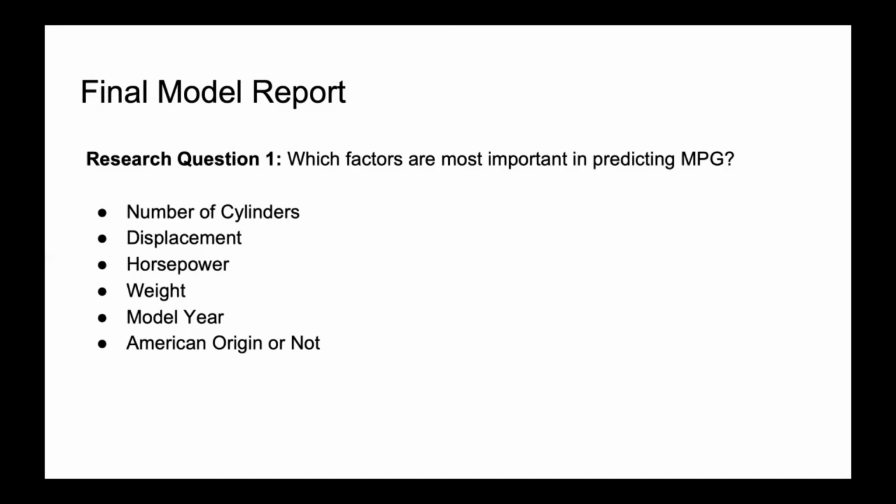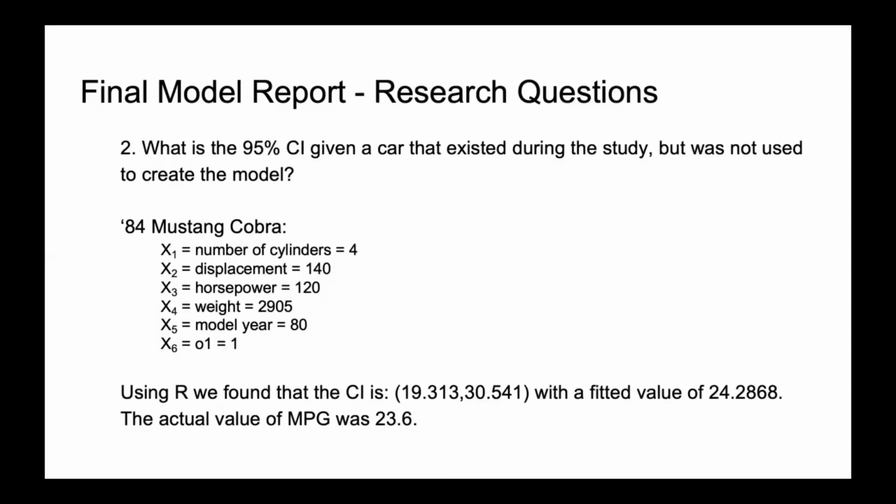Next, question 2 is about the prediction power of our model. We want to get a 95% confidence interval for a given car that existed in the study, but was not used to create our model. So here you can see the Cobra car.